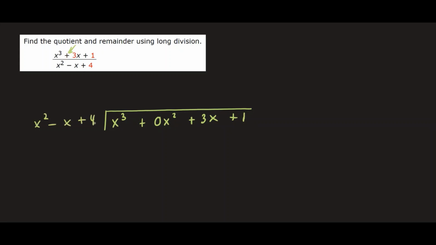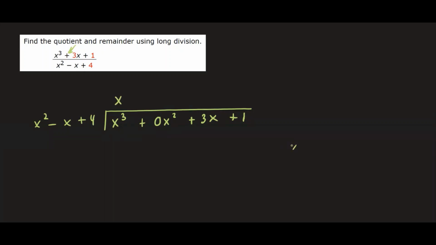And now we're ready to do the long division. So again, we look at the first terms from here and from here, and we try to figure out what goes on top. So x squared times what will give us x cubed? Well, we know that has to be x.